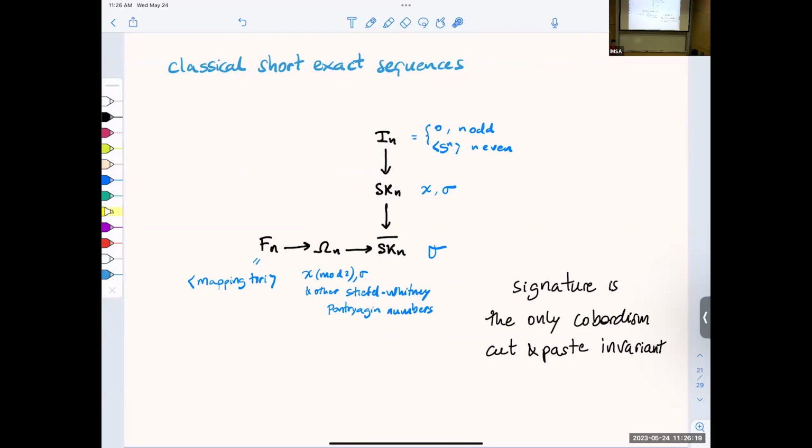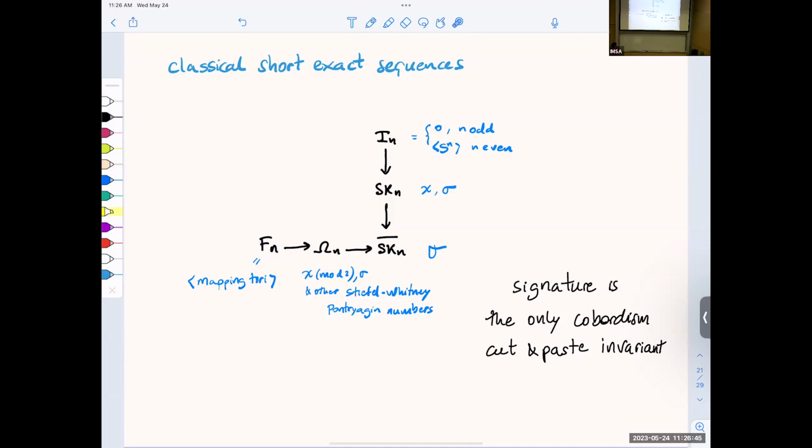Okay, that's classical theory, and that allows you to construct this short exact sequence. This is again from the Kreck, Neumann, and Ossa book, a very classical book. They have this nice short exact sequence where, if you're looking at cobordisms and you have this surjection onto the cut and paste cobordism group, what are you going to see as the kernel?